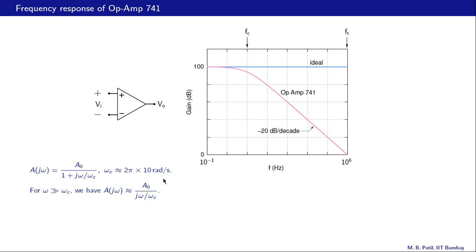Now let us consider the case where omega is much larger than omega c. So that means we are away from this cutoff frequency, say somewhere here. And in that case, this 1 is small, and we get A of j omega equal to A0 divided by j omega by omega c.